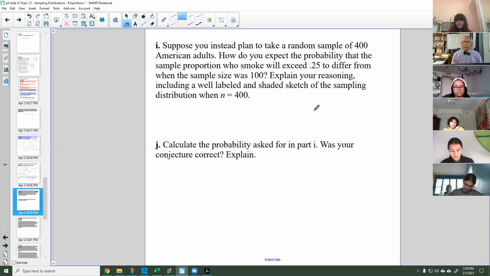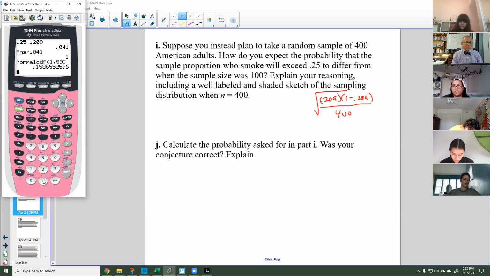I need to calculate my standard deviation, which is going to be 0.209 times 1 minus 0.209 divided by 400. So let's get my calculator back up.